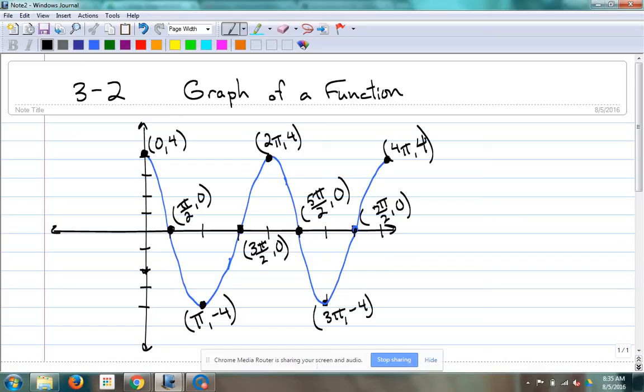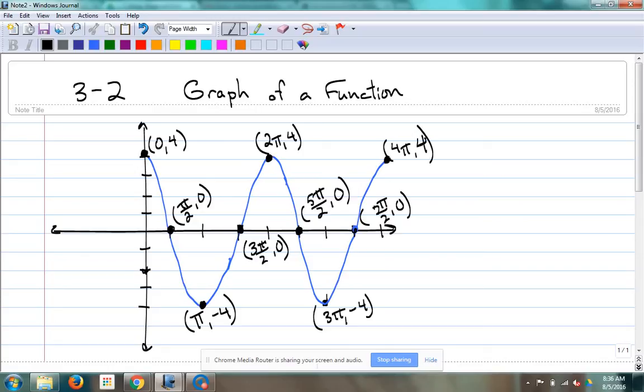What happens to the graph at those places? The highest and lowest peaks. That's exactly right. So when you look at a graph, you're looking for those important places: x and y intercepts, highest and lowest peaks. Those are important parts of a graph when you look at it.